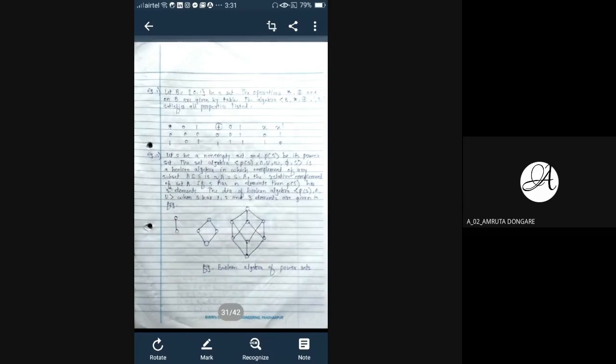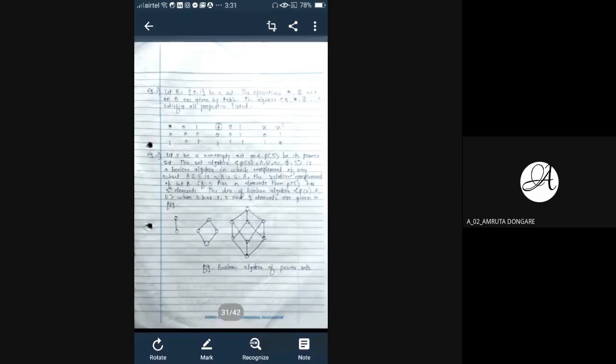Here they have given one example of Boolean algebra. Let B equal {0, 1}. So B is a set containing the elements 0 and 1. Then the operations star, XOR and complement on B are given by the following tables. Three tables are given here.